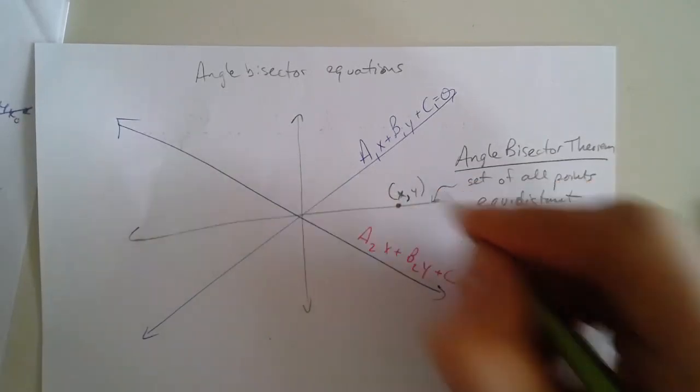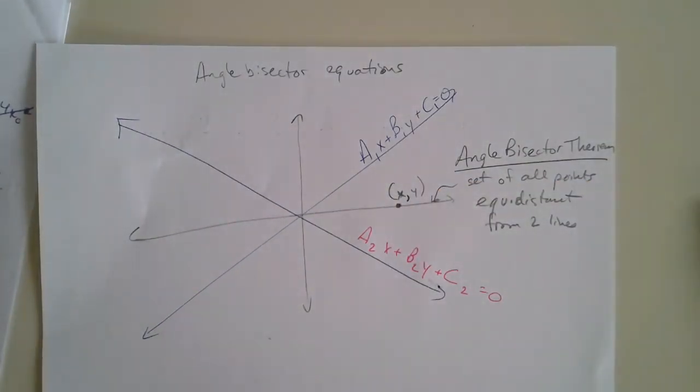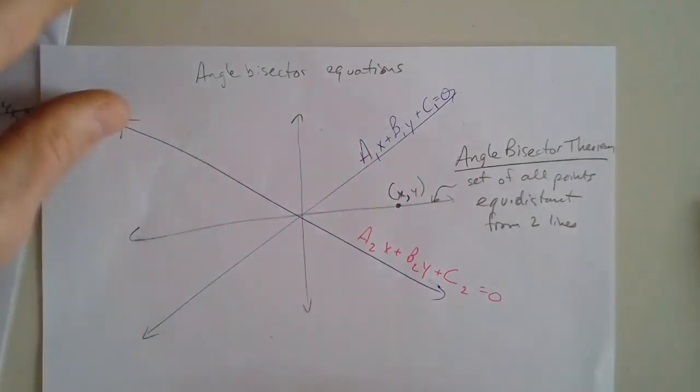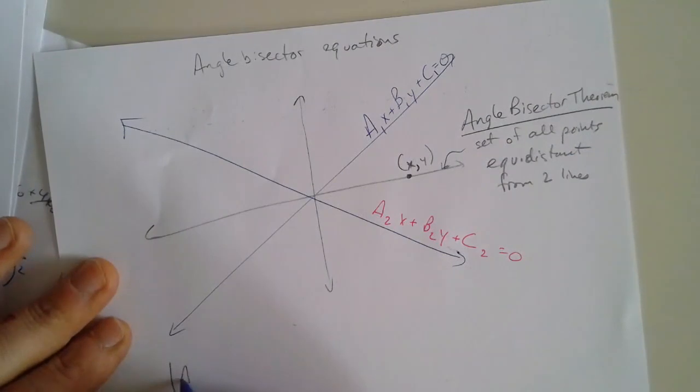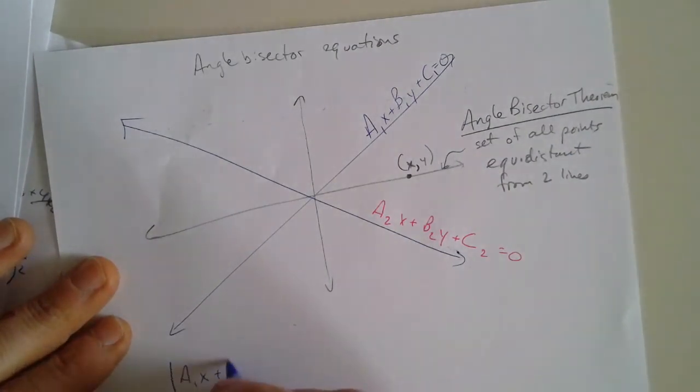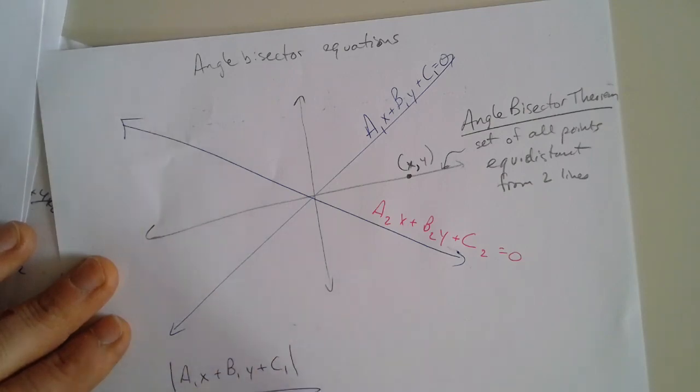So the distance from this blue line to this point would be the absolute value of A1x plus B1y plus C1, over the square root of A1 squared plus B1 squared.